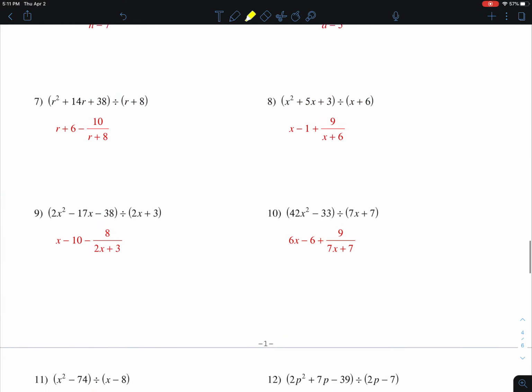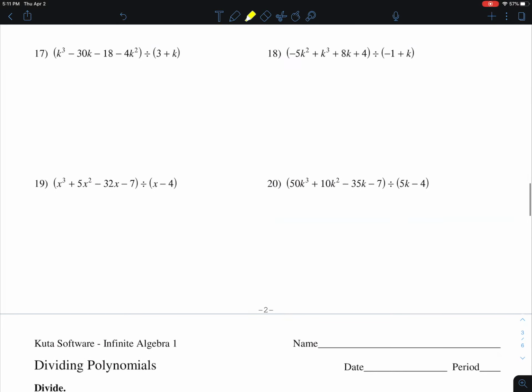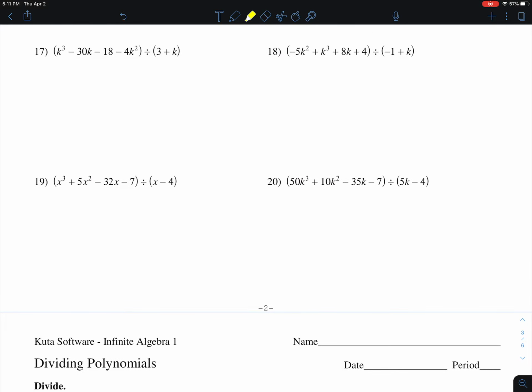I want to do one more problem with you, and it's a problem where we have 4 terms. And how do we handle 4 terms? Just like we handle 3. So I'm just going to break this up. I'm going to leave a little bit more space as well. So we have 5k minus 4 outside the house, and 50k cubed plus 10k squared minus 35k minus 7.